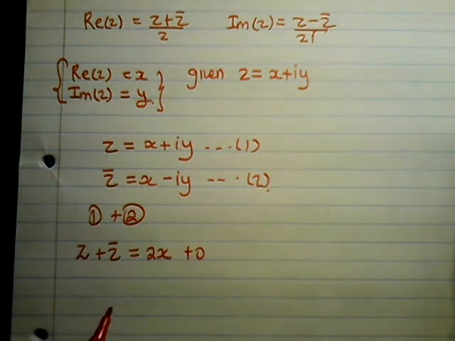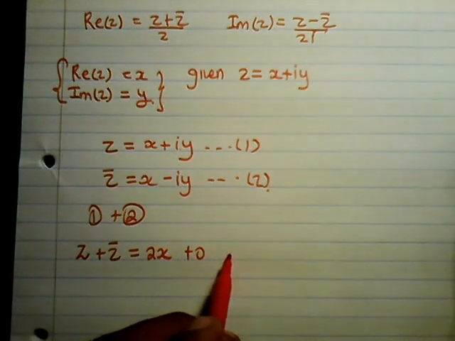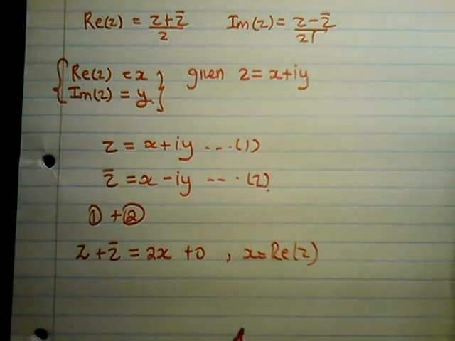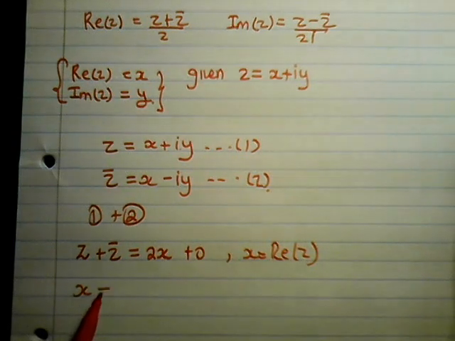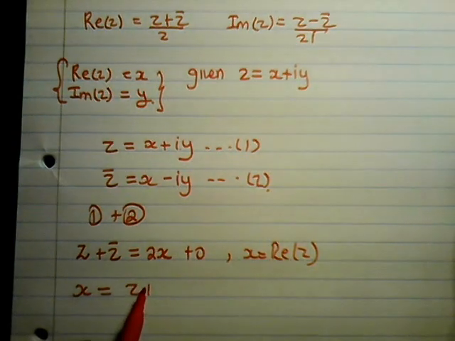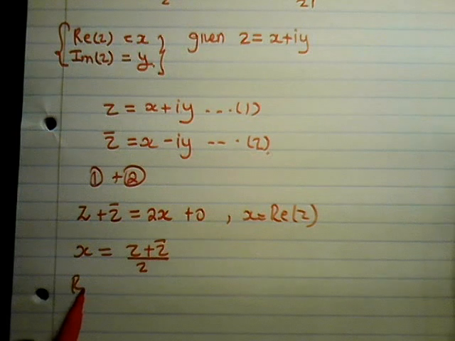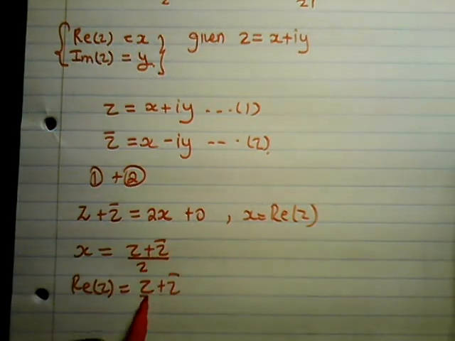Okay, so remember we said X is equal to Re of Z. Okay, so let's solve for X. When we solve for X, we get that X is equal to (Z plus Z bar) divided by 2, where this is Re Z is equal to (Z plus Z bar) divided by 2. Okay, so this has been proven.